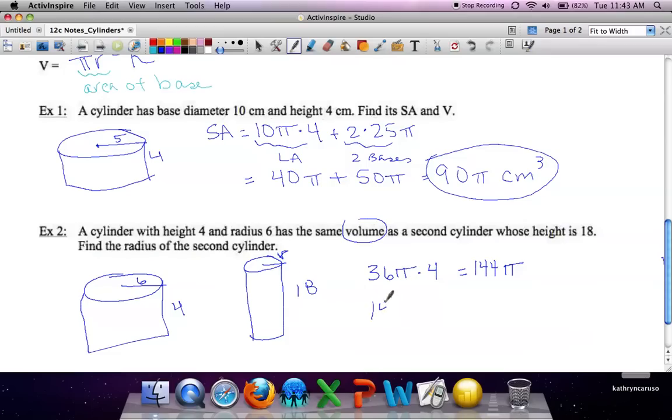So 144 pi has to equal 18, which is the height, times pi r squared.